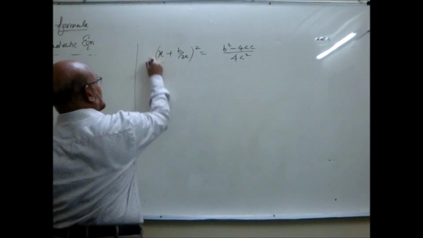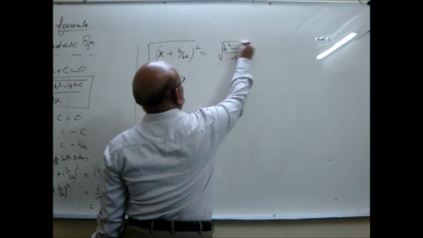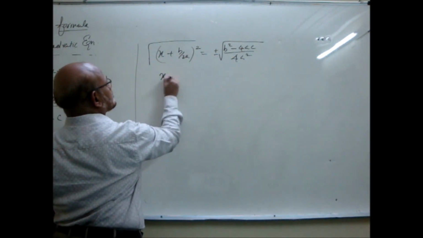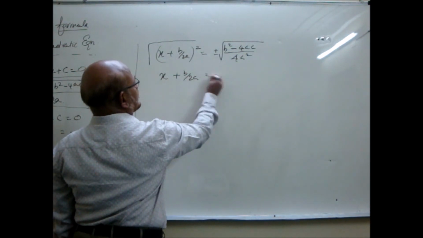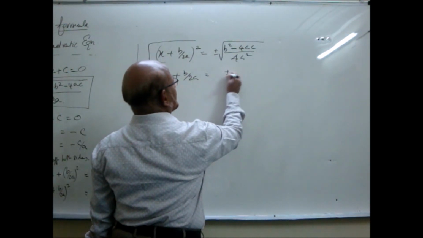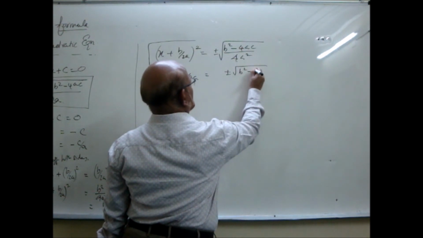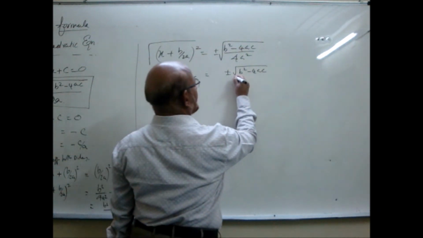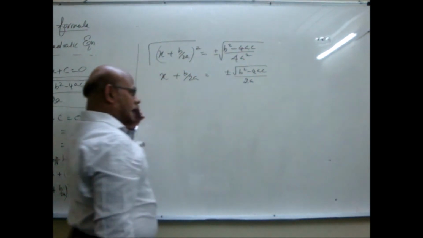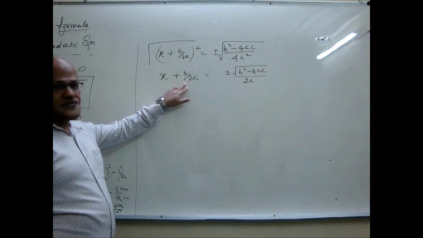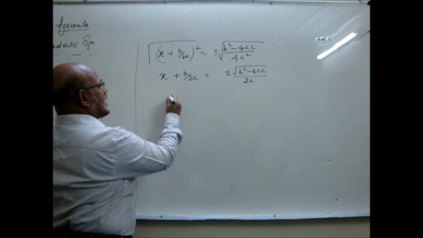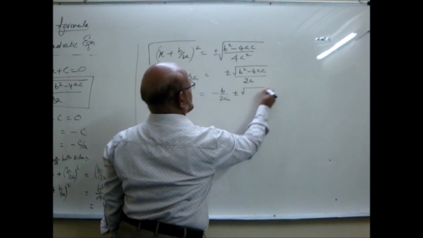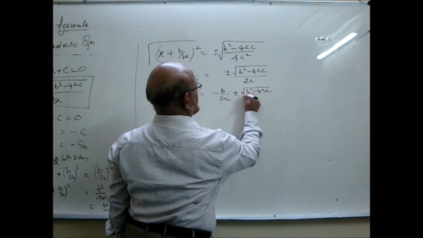Applying the square root, putting plus or minus on this side, the root is gone: x plus b by 2a is equal to plus or minus root of b square minus 4ac, and the root of 4a square becomes 2a. Now I want x, so transpose b by 2a to the other side. So x is equal to minus b by 2a plus or minus root of b square minus 4ac by 2a.